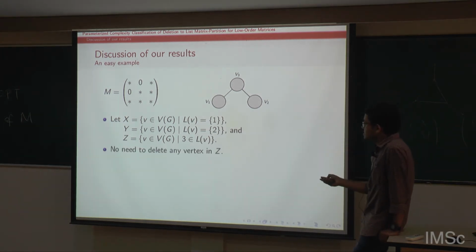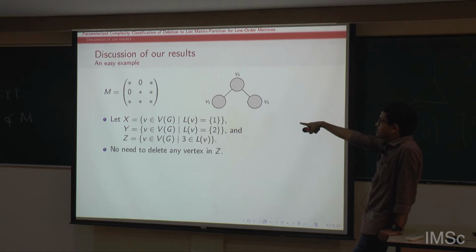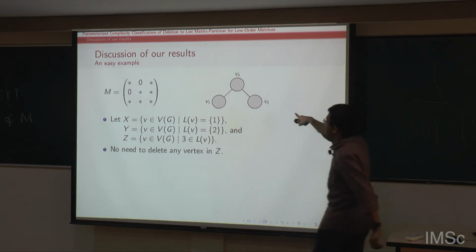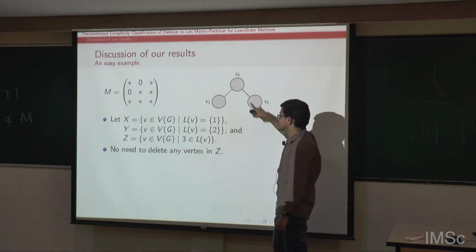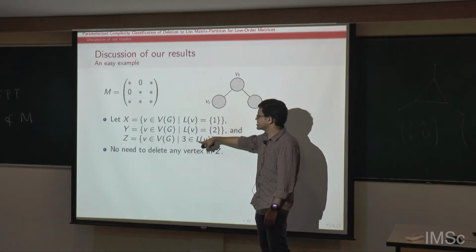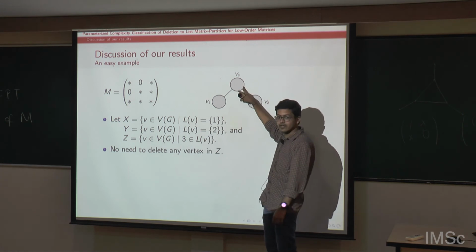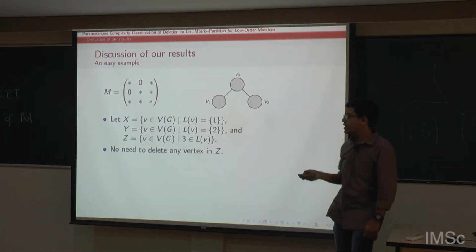So the first observation is there is no need to delete any vertex that belongs to Z. Why? We can put that vertex in V3. Since we don't care about adjacency within V3, there is no problem. Also, we don't care about these 2 adjacencies. So as long as a vertex has 3 on its list, we can safely put it in V3.